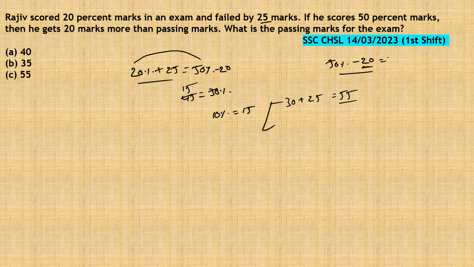Passing marks, 50% minus 20: 50%, 5 times 15 is 75, minus 20, that is 55. Both give the passing marks. That is option number C. Here D is not typed by mistake. You can write it here as 50.